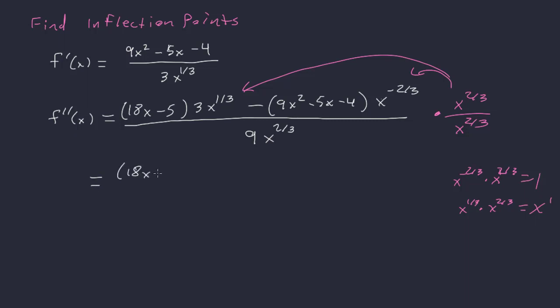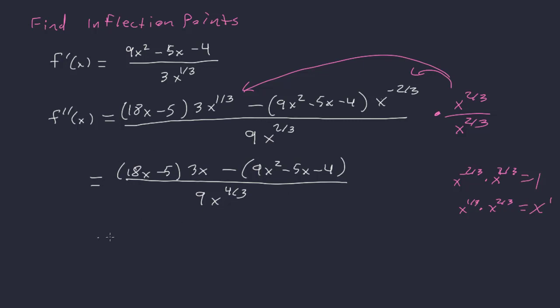Right, so we're going to have 18x minus 5 times 3x minus 9x squared minus 5x minus 4 all over 9x to the 4/3. Okay, and then we can just distribute and simplify.